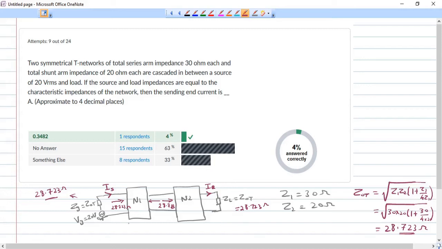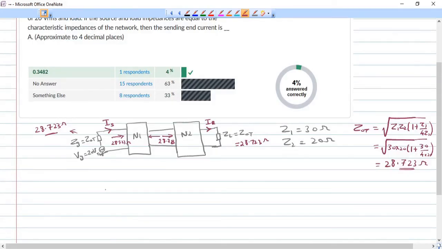So what is the sending end current? We are asked what is IS. IS is nothing but the sending end voltage upon the total impedance.